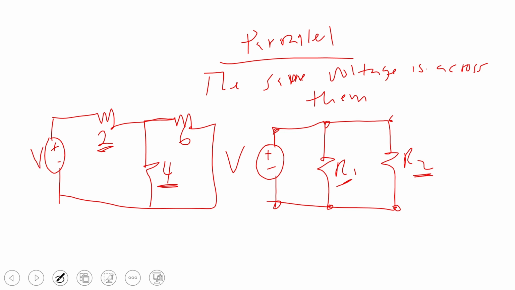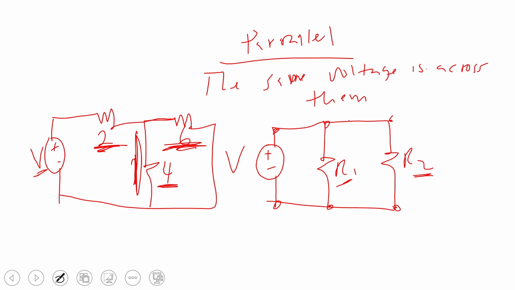Now it becomes very difficult to know whether this voltage, the same one across this, is the same one across this. Another thing is for us to know whether this 4 and this 6 are in parallel, whether the voltage across this 4 is going to be the same across this 6. So sometimes it becomes a little difficult to know whether they are in parallel.